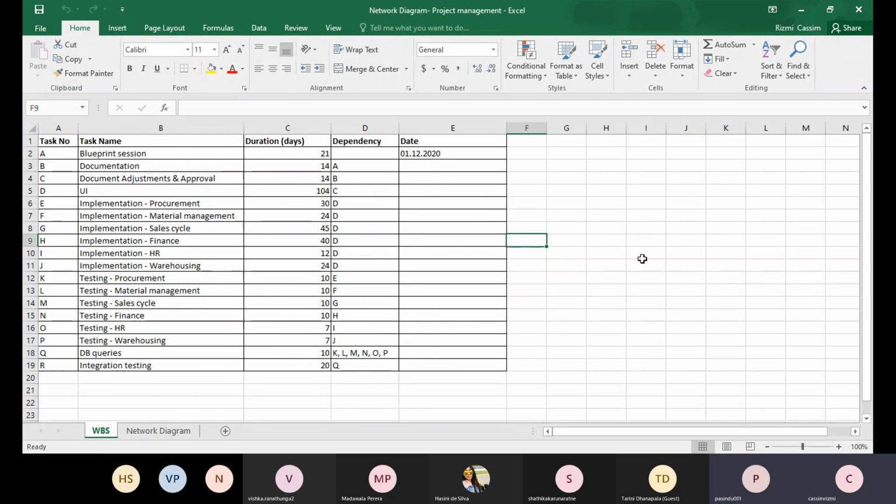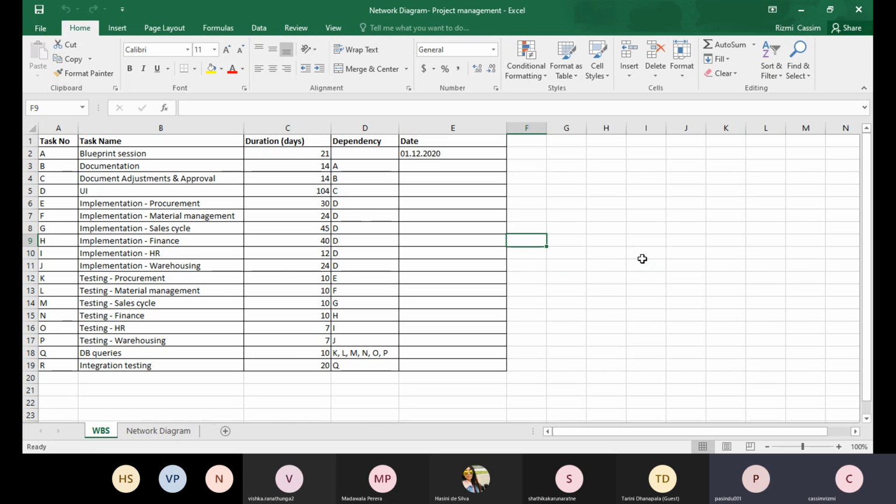So for you, for the database queries, you have all of the testing as prerequisites, dependencies, right? Whereas what Shatika's team did, they just calculated the longest testing cycle, which is the sales cycle, and then put that here as 10.